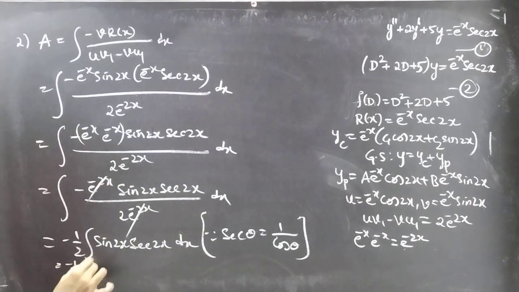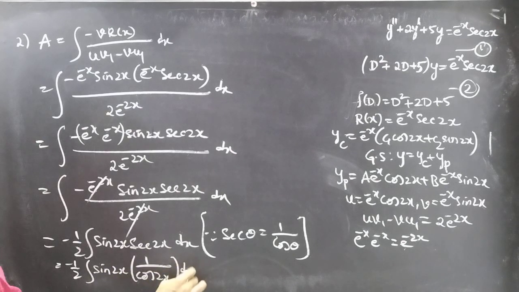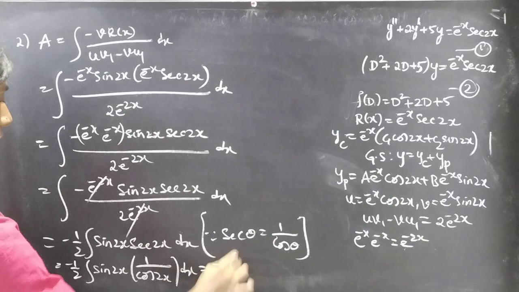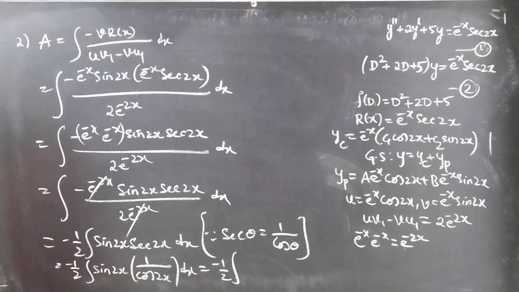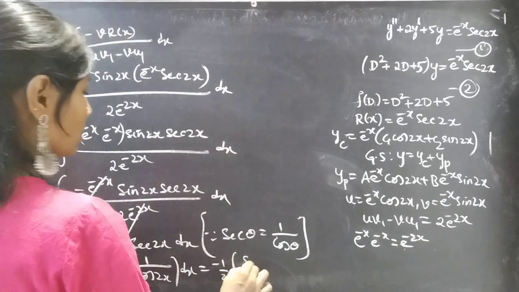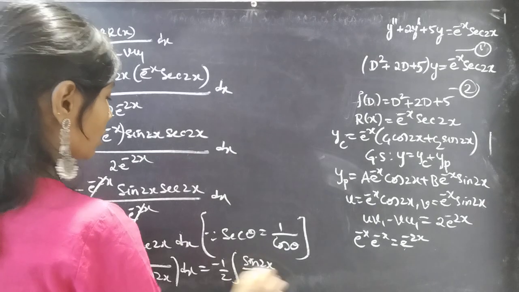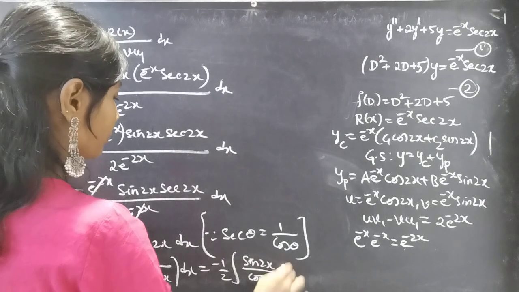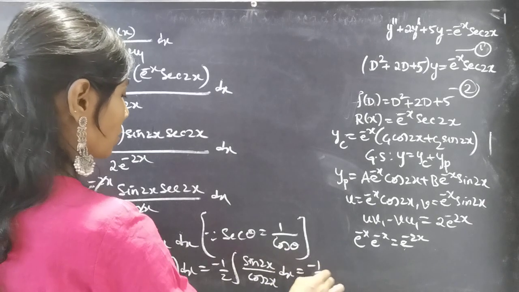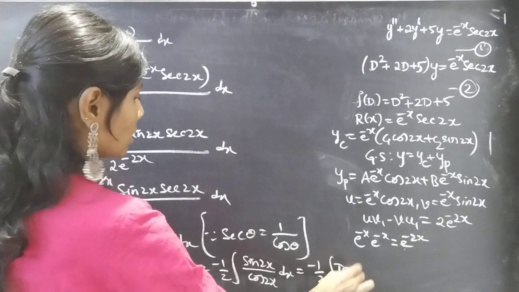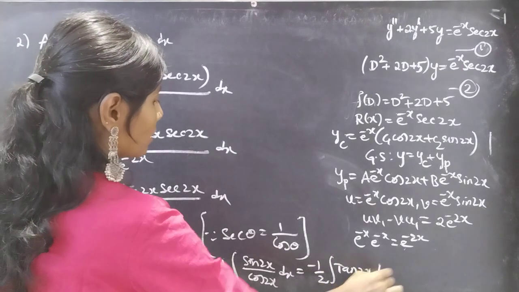So we'll get minus 1 by 2 integral sin 2x into 1 by cos 2x dx, and sin 2x by cos 2x is tan 2x, right? This gives us minus 1 by 2 integral tan 2x dx.